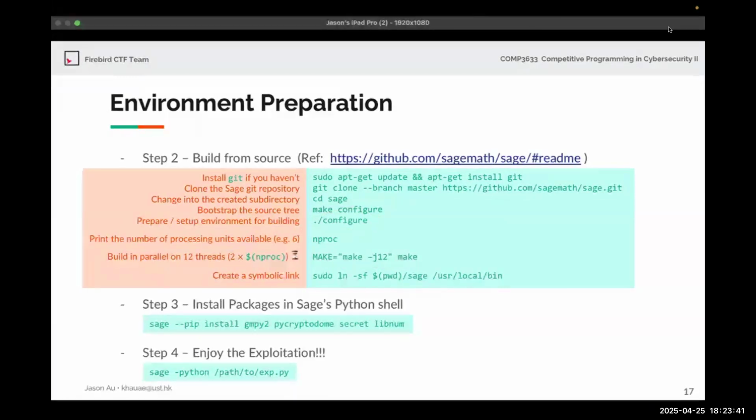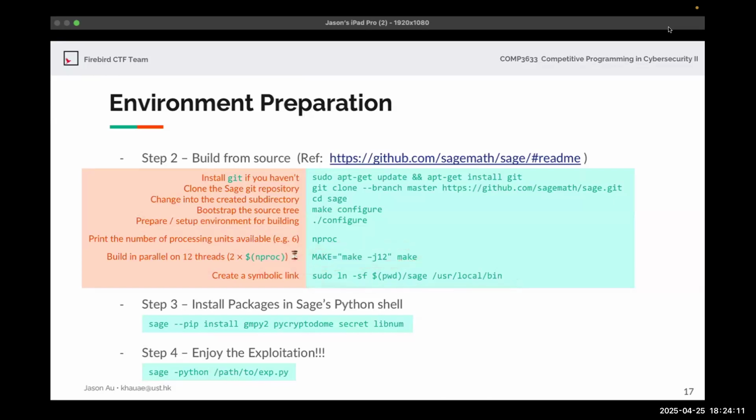For my machine, I have 6 cores of CPU, which can be checked via this command. Then you just double the number of cores: if I have 6 cores, times 2 gets 12 threads, and then compile it with 12-thread parallel compilation.